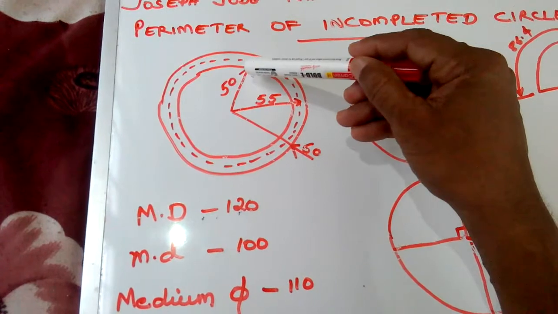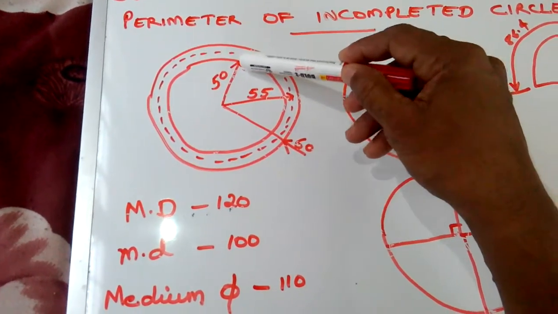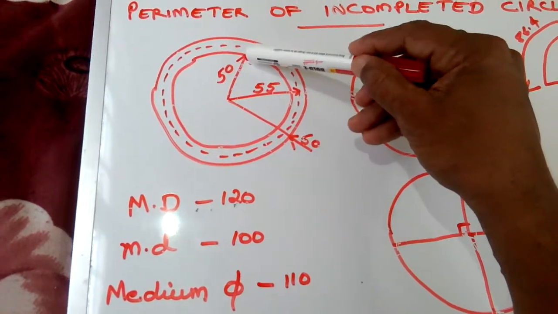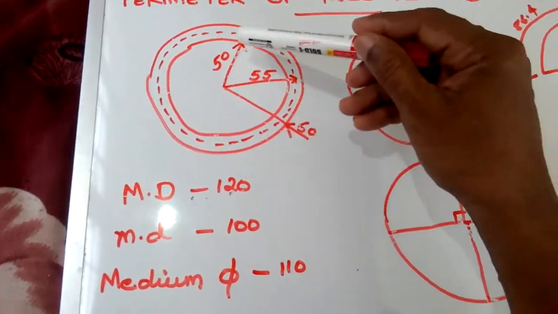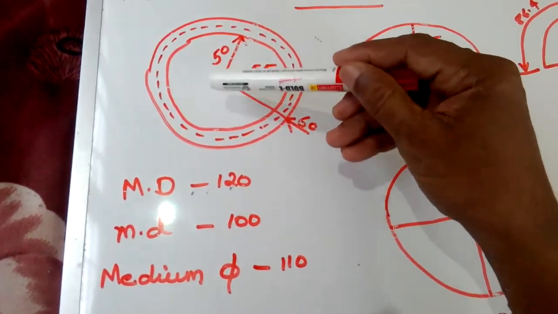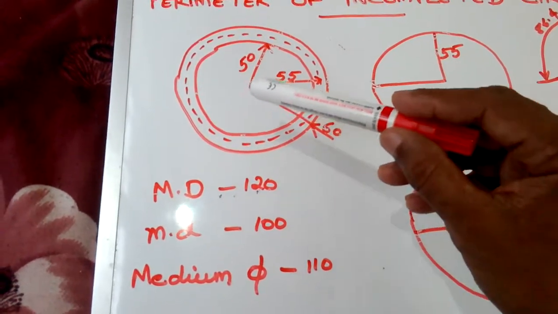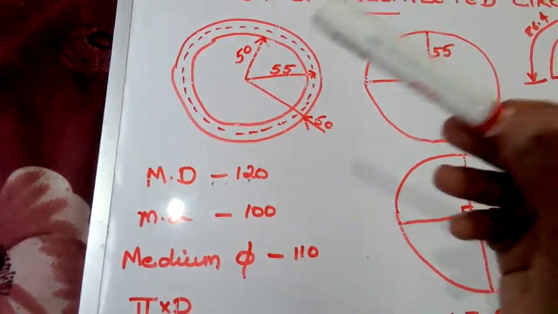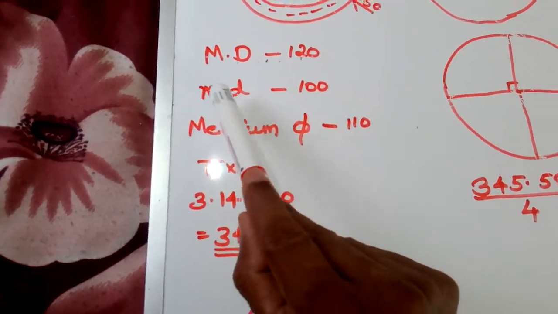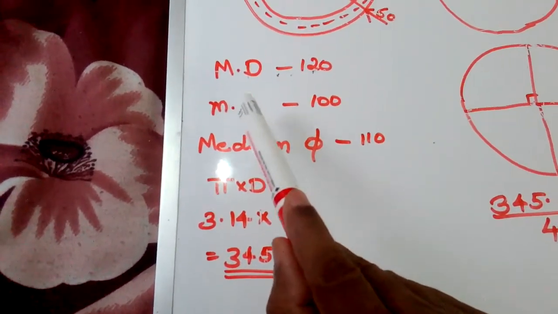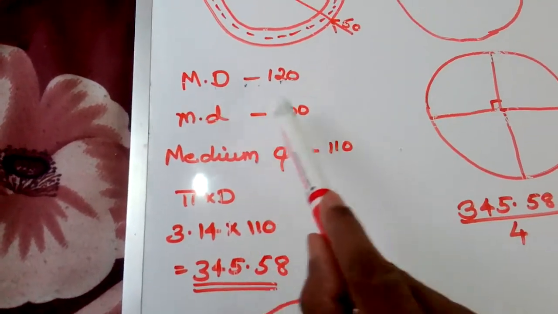If from center to inner wall is 50 mm, from here to here will be 100, because from here to here is 50, here to here is also 50. So inner diameter is 100 mm. It can be called minor diameter also. Here I have written minor diameter. Its short form is also MD, with small letters m and d. MD is 100.